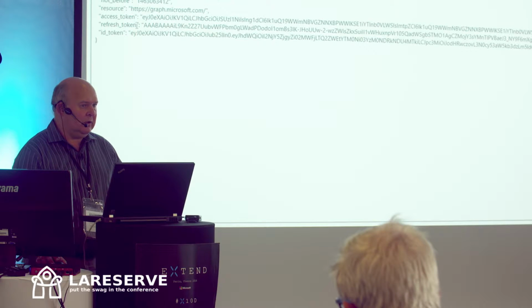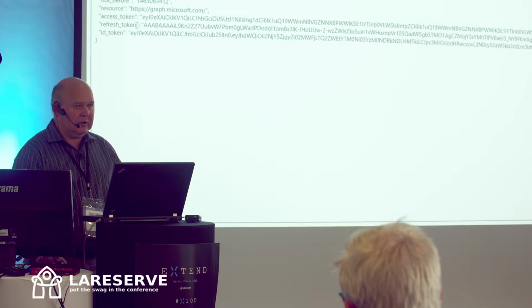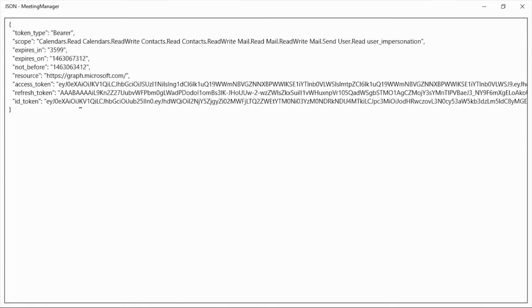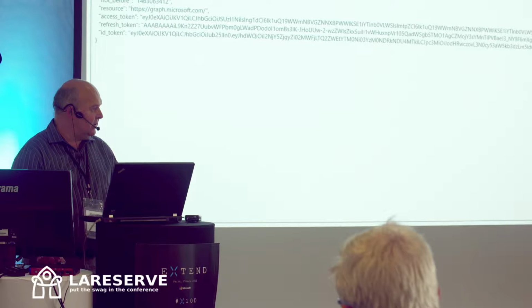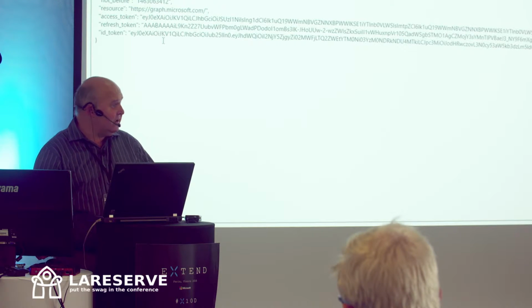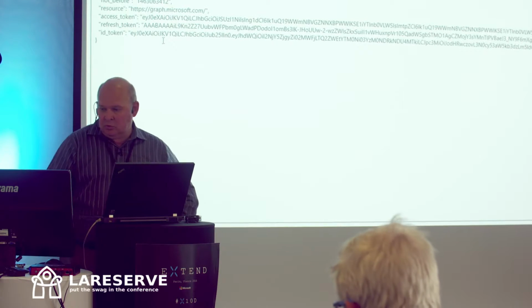And the refresh token lasts for about 2 weeks. And the ID token is just another way to explain who the user behind is. We're not using it at all in this sample, but there should be documentation on that as well.